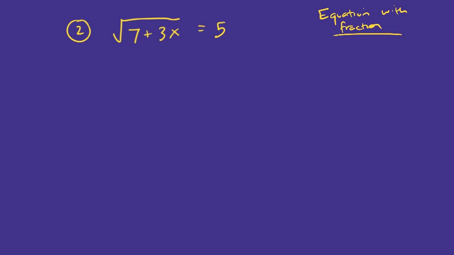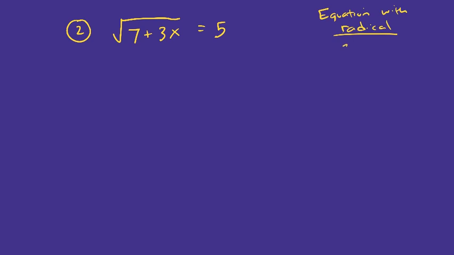When you've got an equation with a radical, you do want to get the radical by itself first. So we've got the square root on its side, though, it's already by itself, so we don't need to get rid of anything.